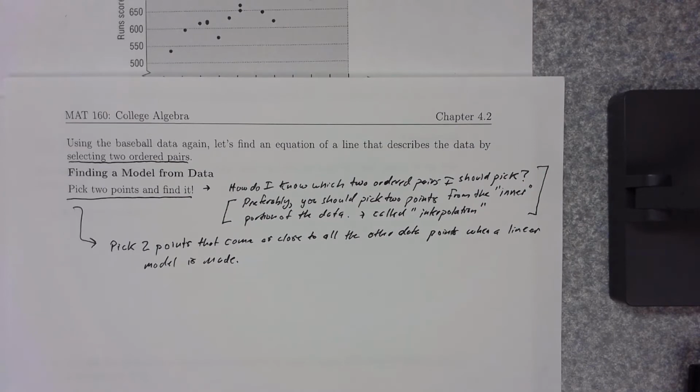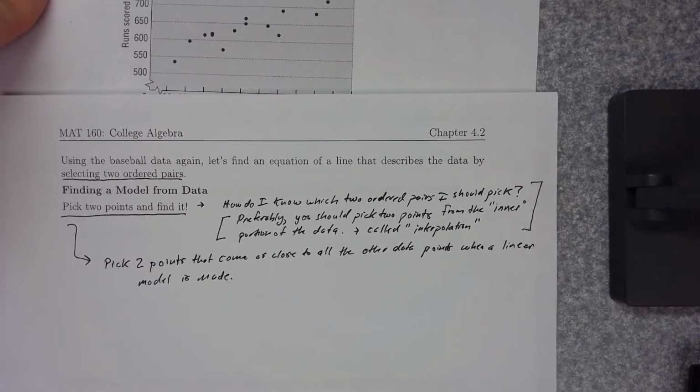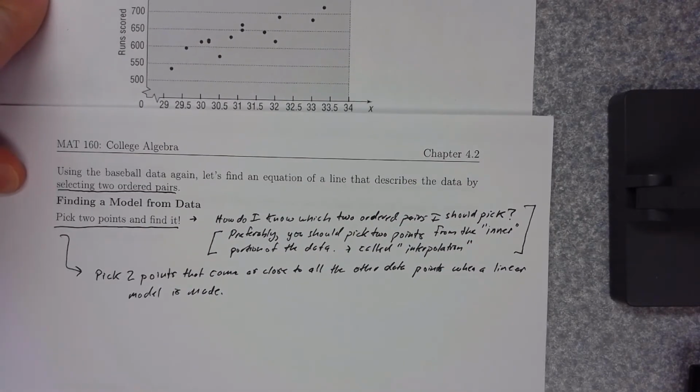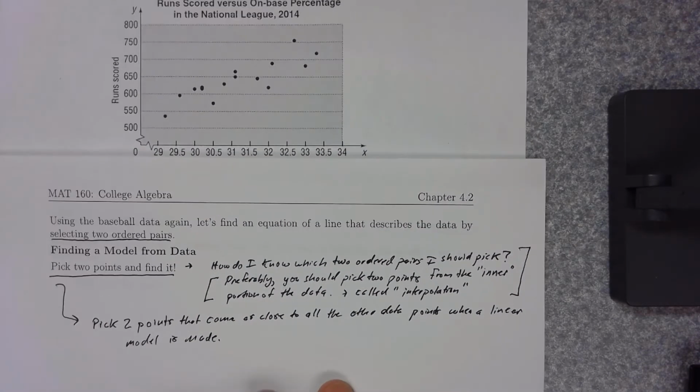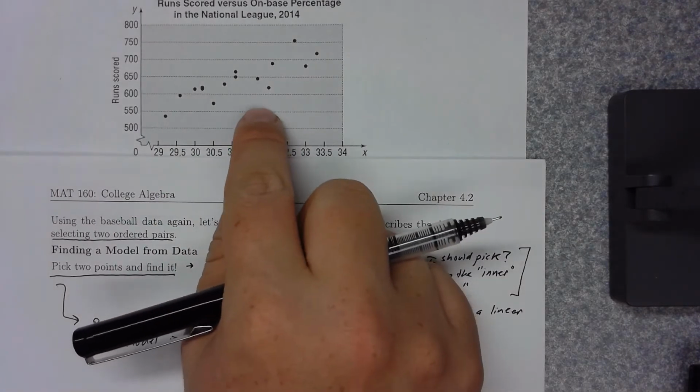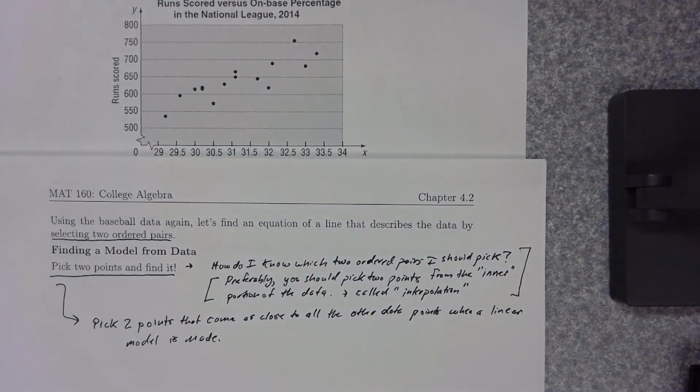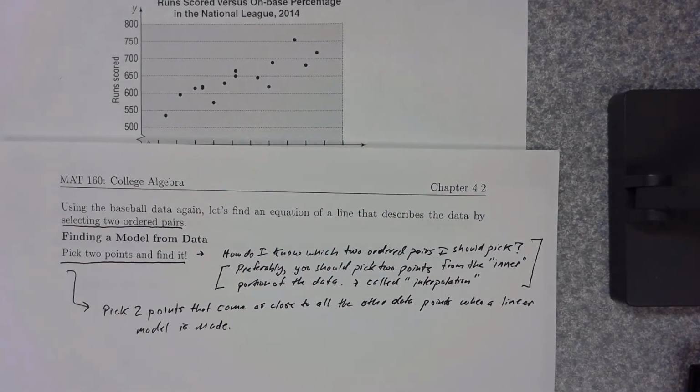You could pick 2 points, but I could pick 2 other points. They'll describe the data, but one linear model might describe the data better than the other one. There's multiple possible models here, and they all do a decent job, but one of them might do a better job than the other ones.